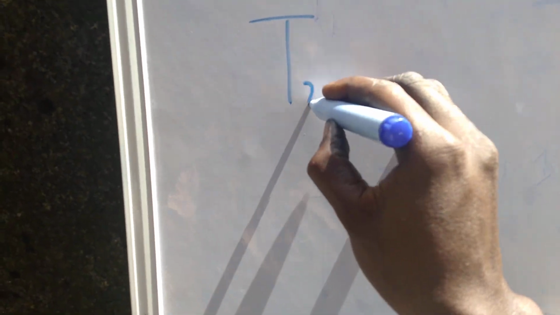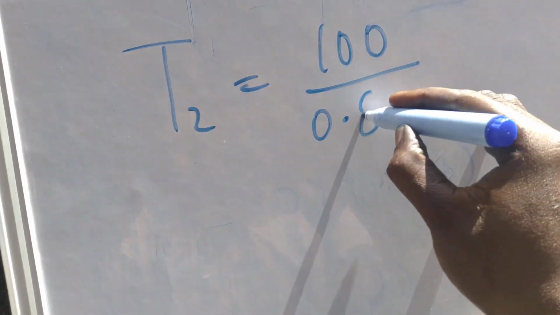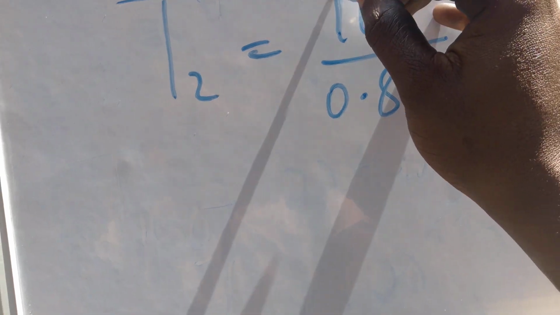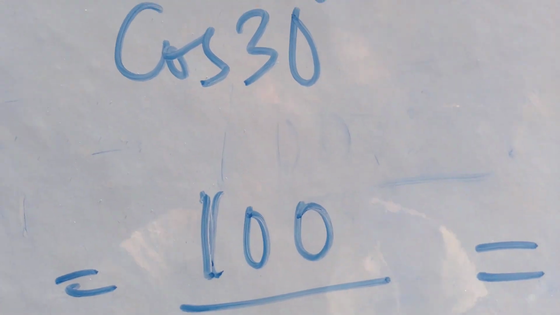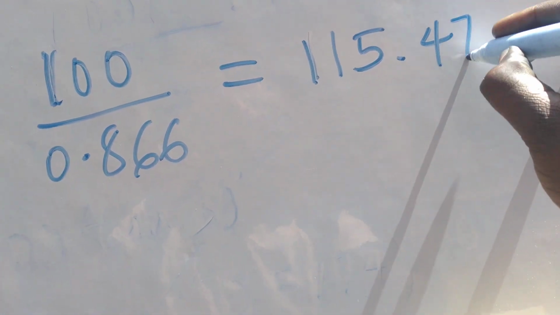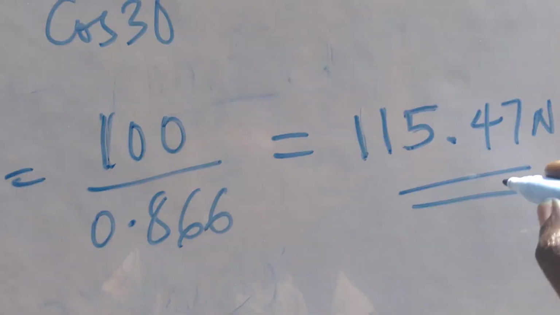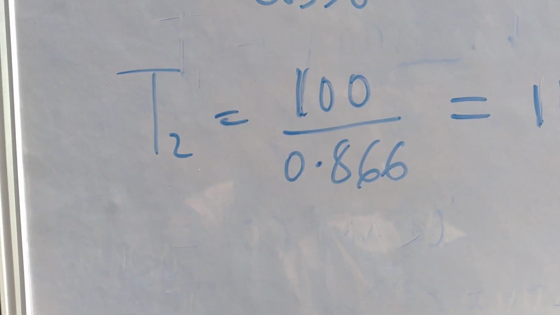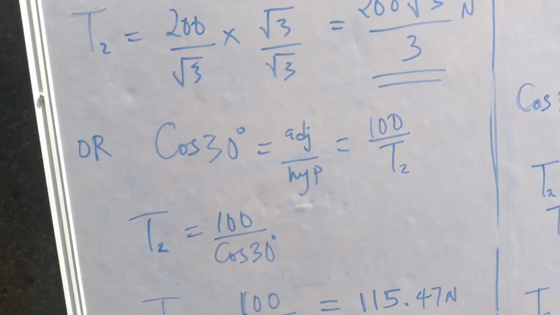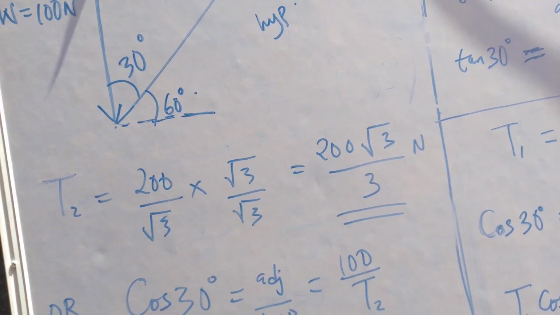Cos 30 is 0.866, so this will be 100 divided by 0.866, which will give me 115.47 Newton. That's T2, 115.47 Newton, or 200 root 3 over 3.